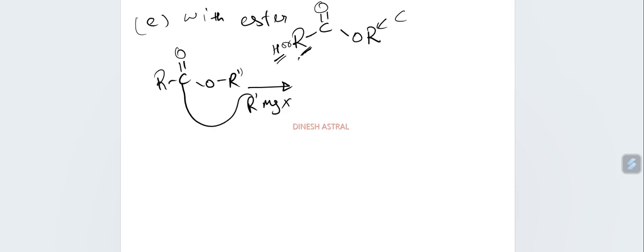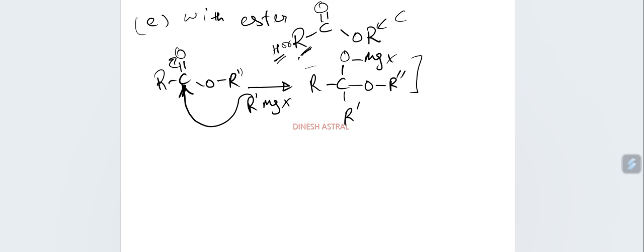So this one will react with this. The pi electrons will move on to oxygen, and OMgX. This one is an unstable molecule. The first product that is formed, the initial product, is unstable. So please remember all these points.